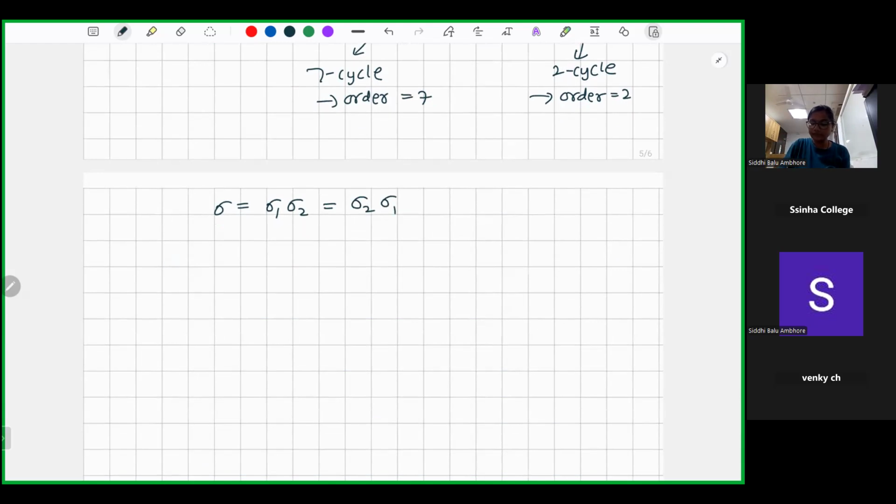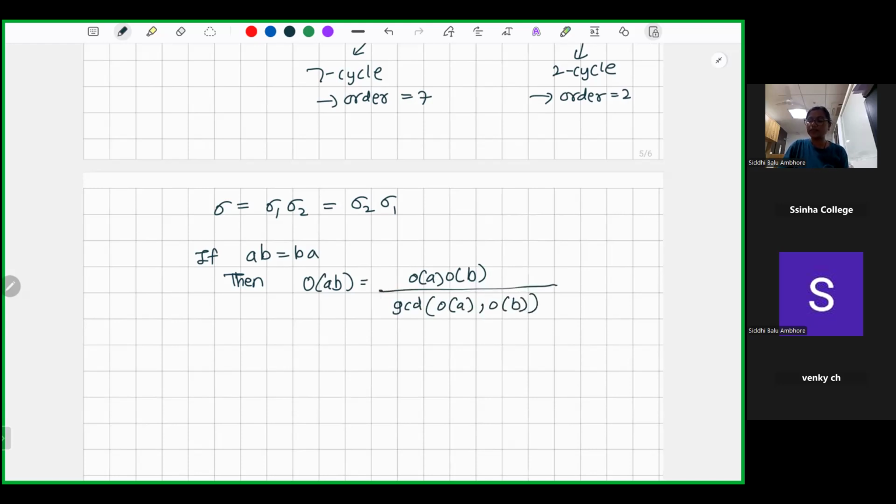We know that if AB is equal to BA, then the order of AB is order of A into order of B divided by GCD of order of A and order of B. I hope you all remember this formula. This formula works only when the elements commute. In general, this does not hold. Please understand that.